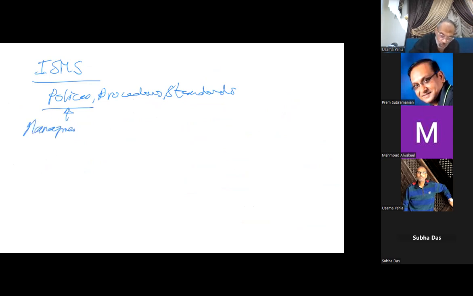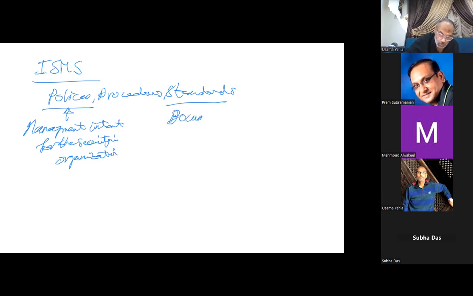Usually, I like to call it management intent for the security in the organization. How the management is looking at security to protect their organization's assets to help them in achieving their goals and objectives.